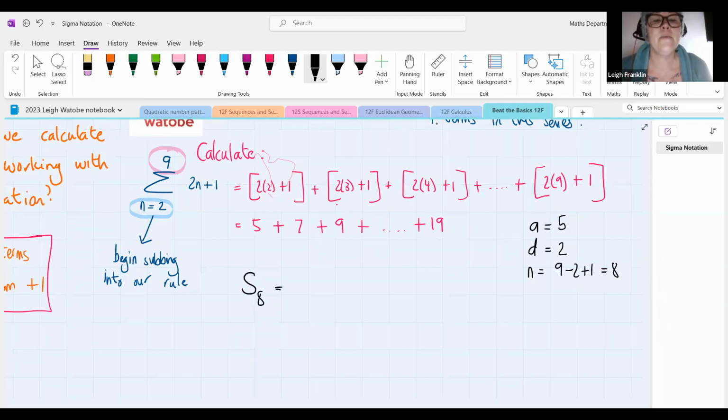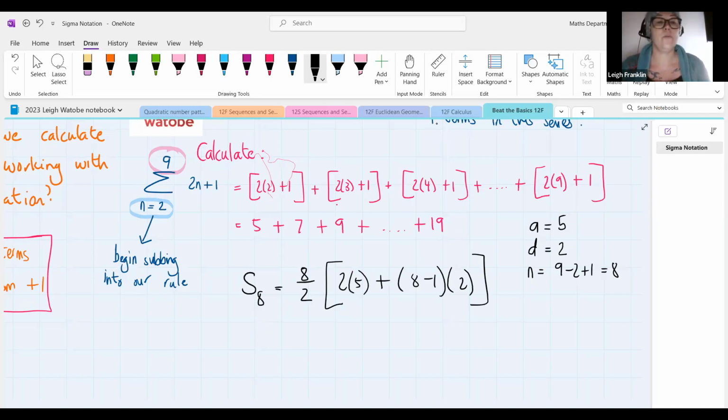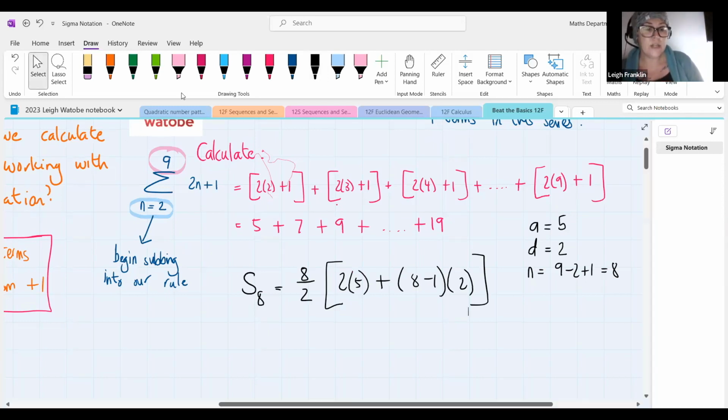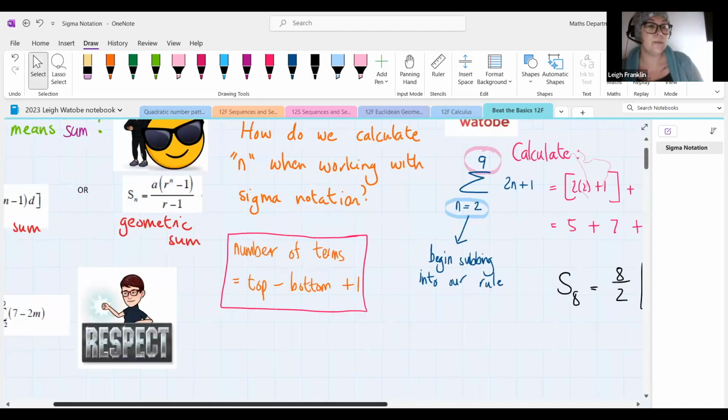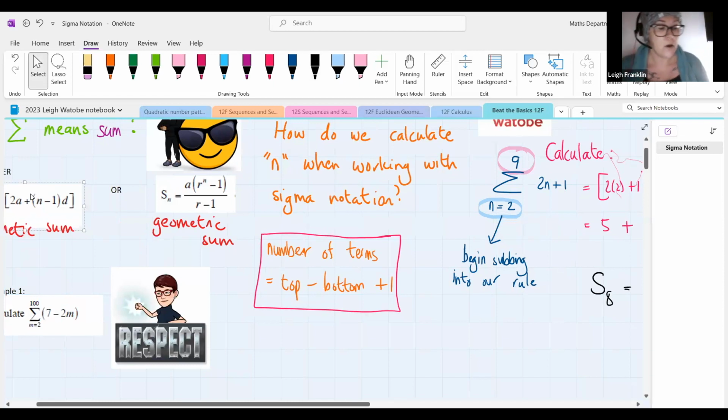If you remember the formula, it's n over 2, 8 over 2, and then 2a plus n minus 1 times d, which is 2. The formula is here on the left-hand side. You don't have to write the formula down first, but you've got to show that you subbed into it.